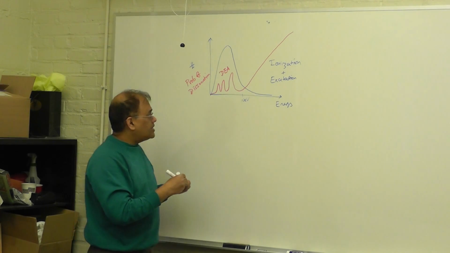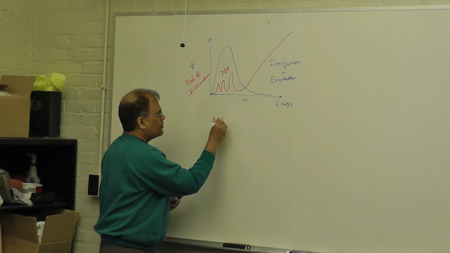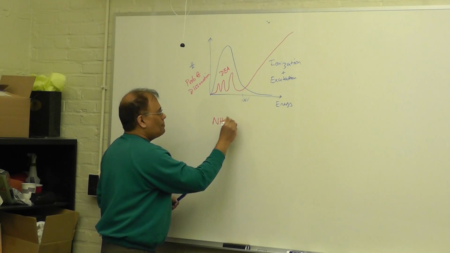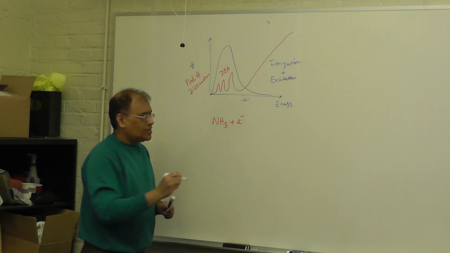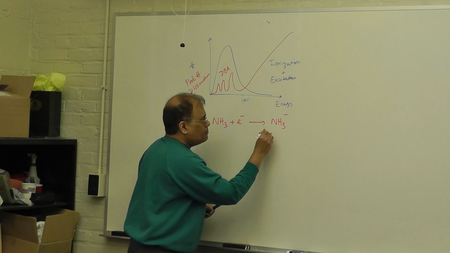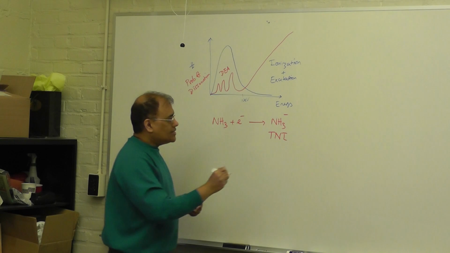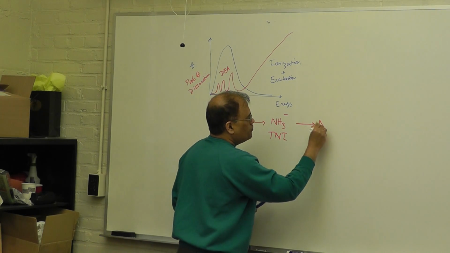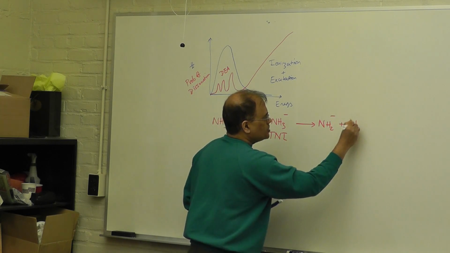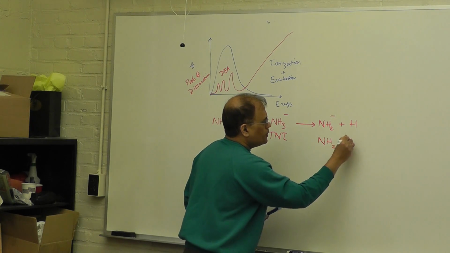Okay, so let's look at some examples of DEA. So if we were to pick a random molecule, NH3, plus an electron, it's going to form a temporary negative ion, and that temporary negative ion can form NH2 minus plus H, or it can form NH2 radicals plus H minus.